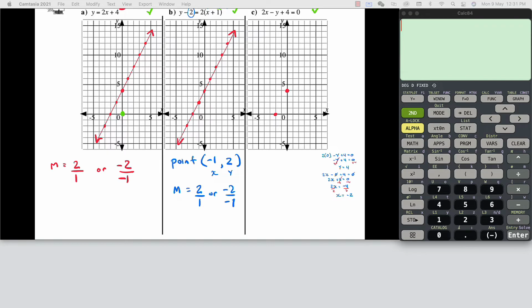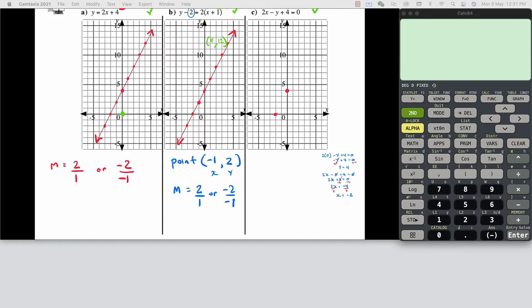So if I look here, this point right here is going to have an x value of 4 and a y value of 12. So essentially, if I replace the x with 4, I should come up with 12 to prove that that's the case. So I could just choose any x value, and I can solve for the y value.